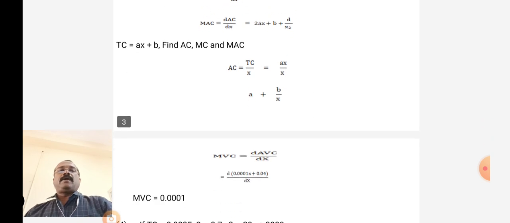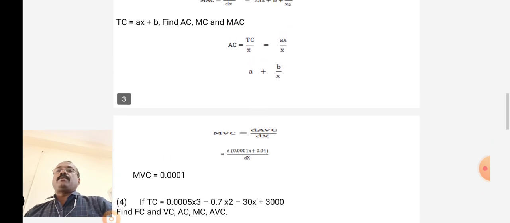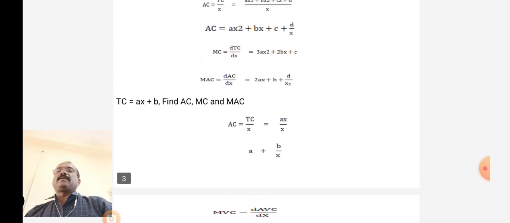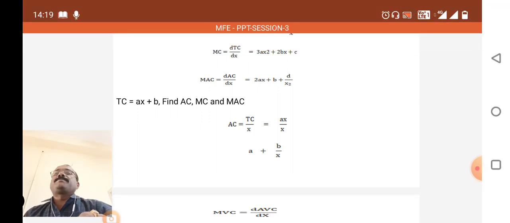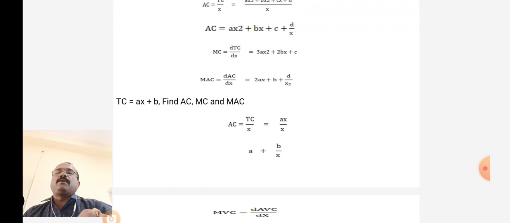In my perspective, giving more examples will help solve the problems. We also have to find the total cost, average cost and then marginal cost. If TC equals 0.001x square plus 0.04x plus 500, find AC, MC, AVC, MAC and MVC.